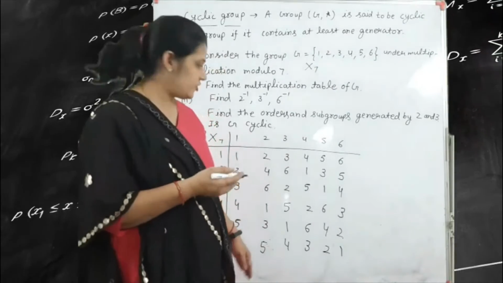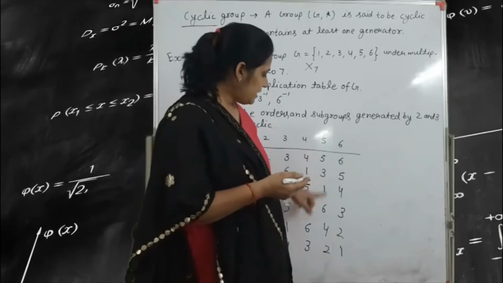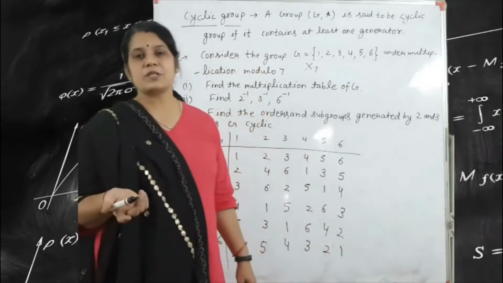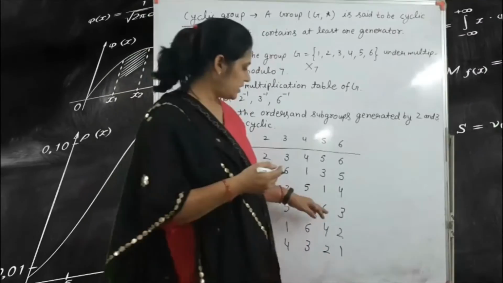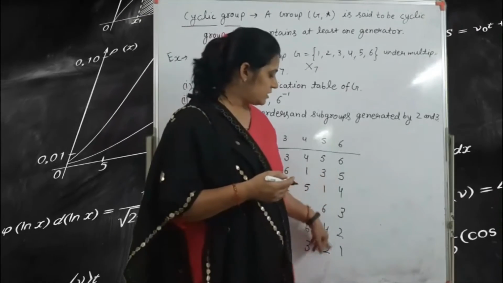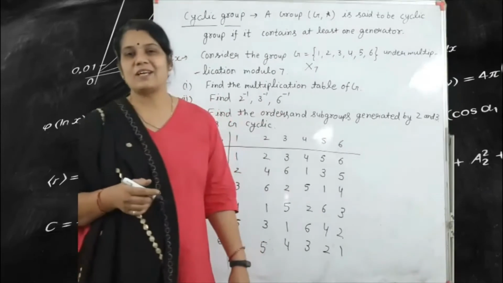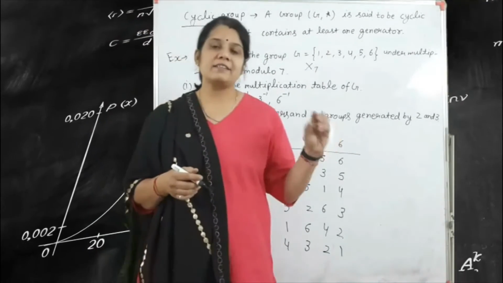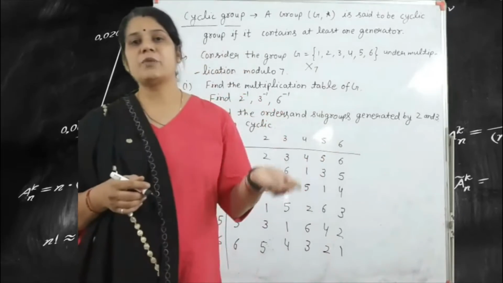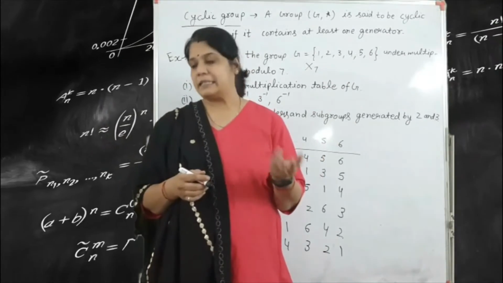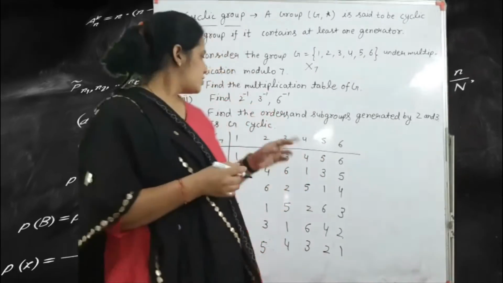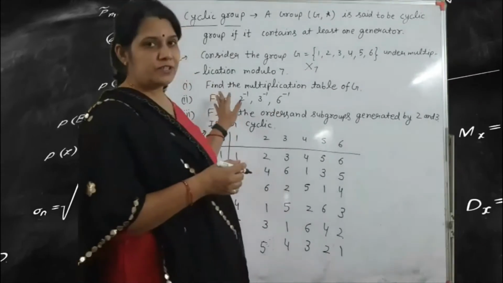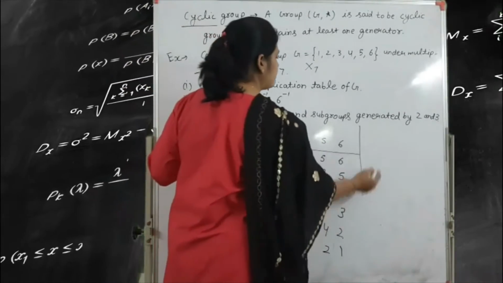So we write here 3. 1 3 5 6 4, the remaining number is obviously 2. So we write here 2. Okay, and 6 5 4 3 2, so the remaining number is 1. Okay, so this is a very easy process to make a table for your addition modulo and your multiplication modulo. Okay, so this is the answer to the first question, the matrix table.